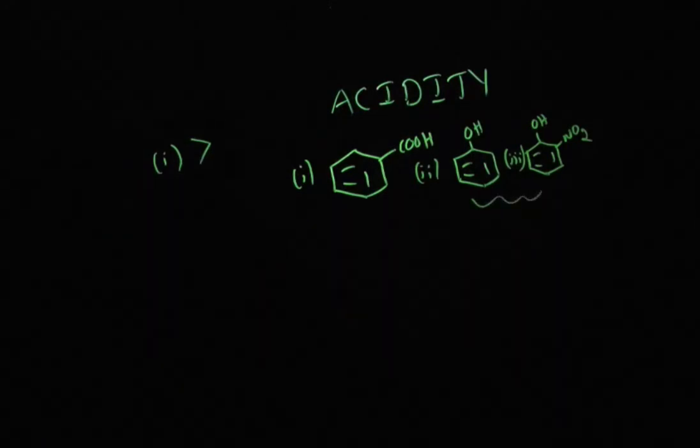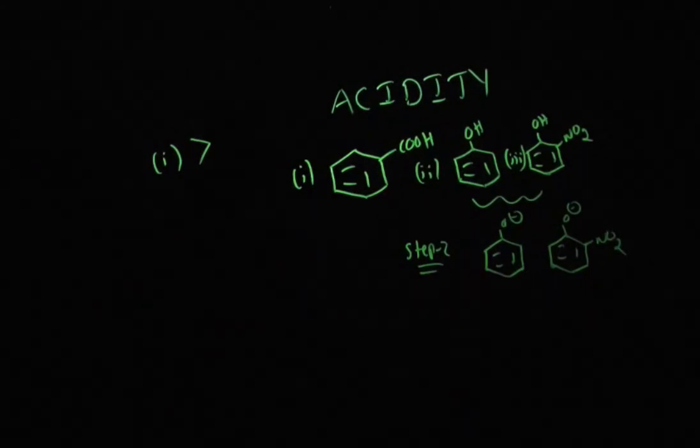That means you have to do the second step. The second step is that you remove acidic hydrogen and check the stability order of the conjugate base. Here the conjugate base will be O minus, and here also the conjugate base will be O minus and NO2.